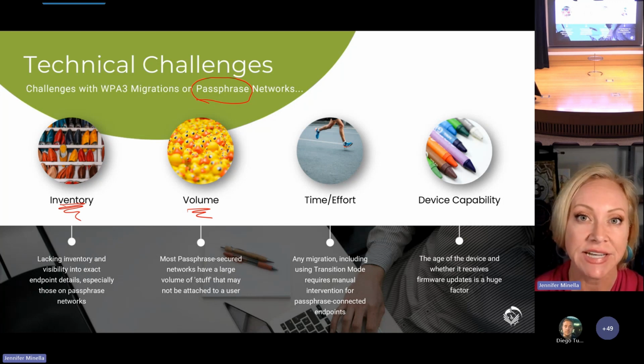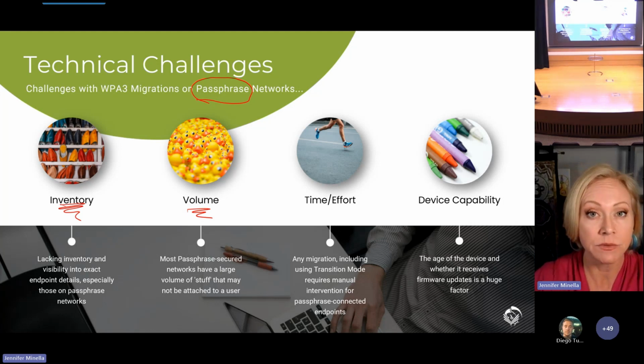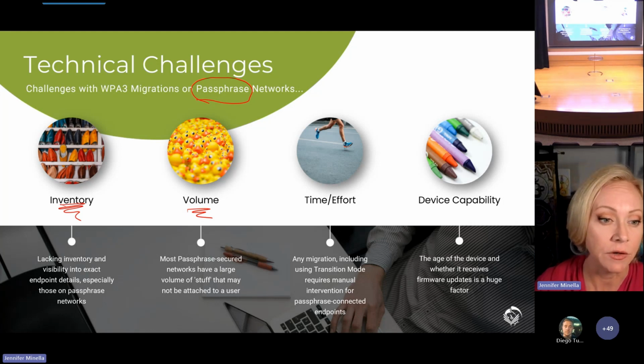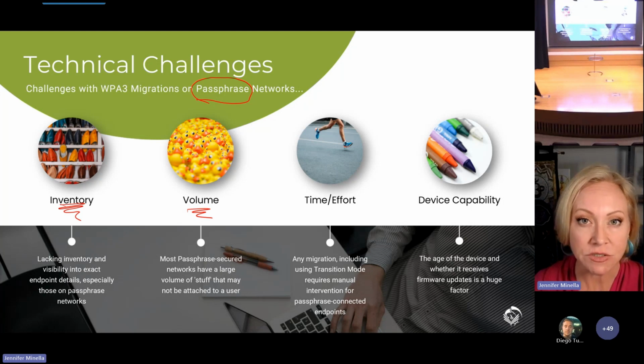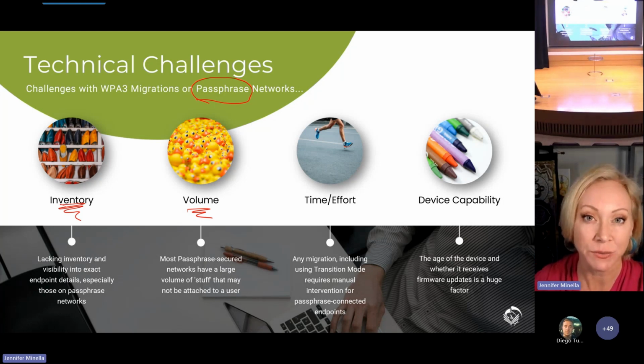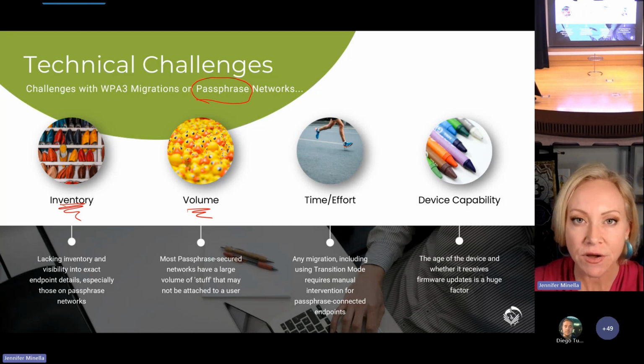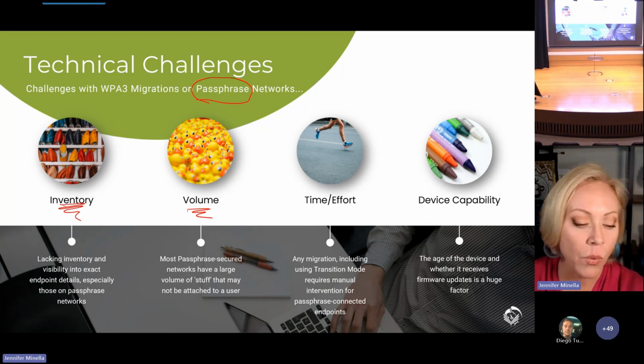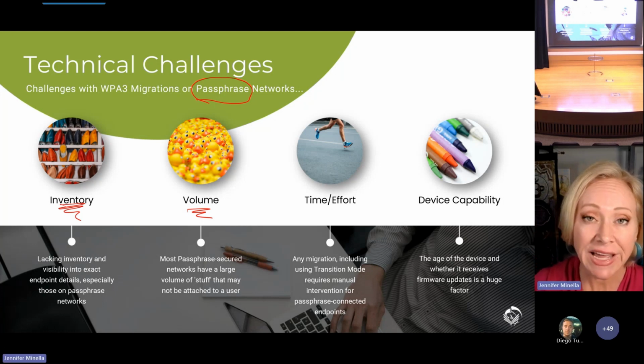If they're wirelessly connected to a passphrase network, we have a general idea of the physical location, but within what, 3-5 meters, which could be several walls if you've got offices or rooms. So we don't always know what they are, whose they are, why they're there, or what they're doing. There can be a lot of them.